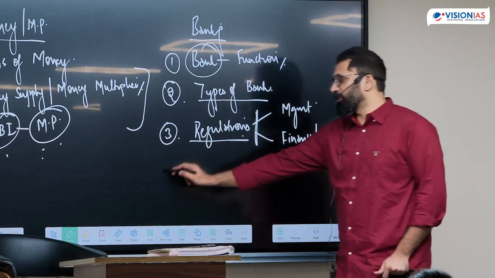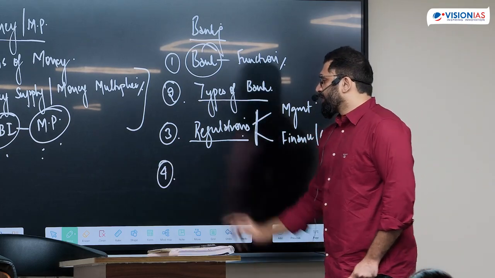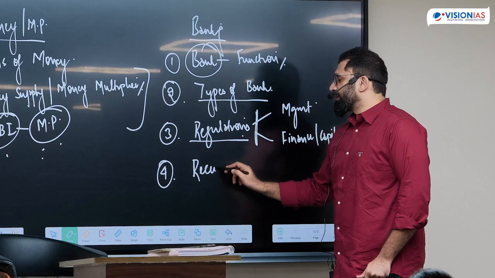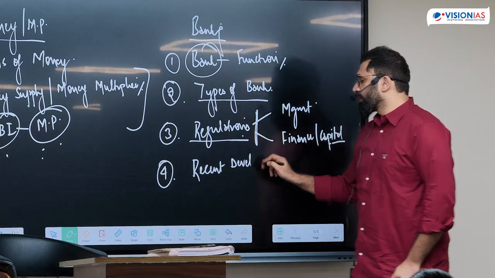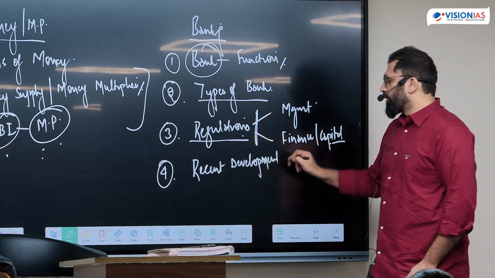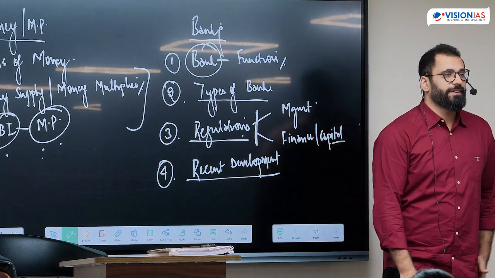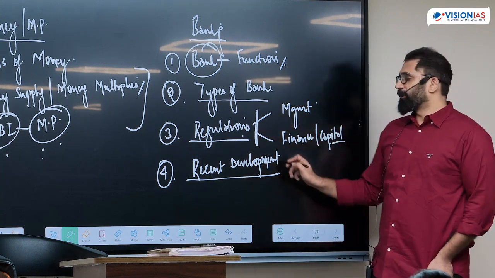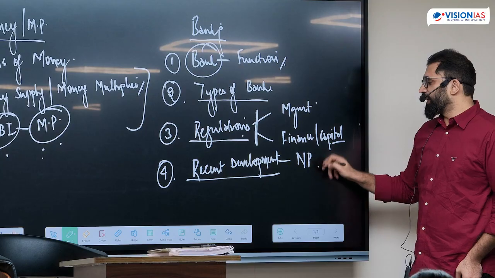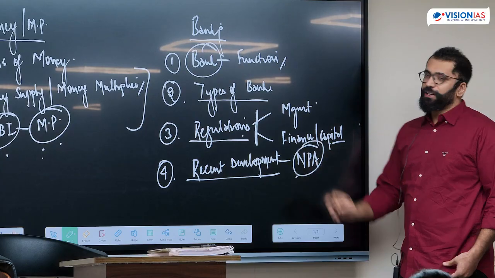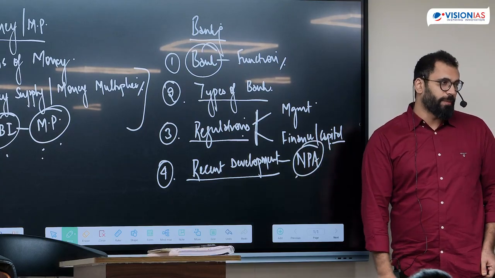The fourth type of questions which they ask is any recent development in banking. And we discussed how from 2015 to 20, what was the recent development? NPA problem. Around NPA, whatever dimensions could have been covered, they covered all such dimensions with respect to banking.